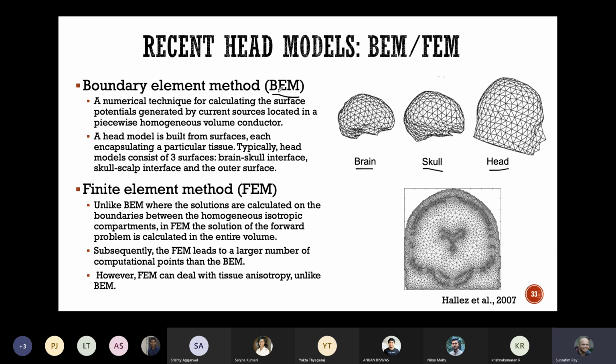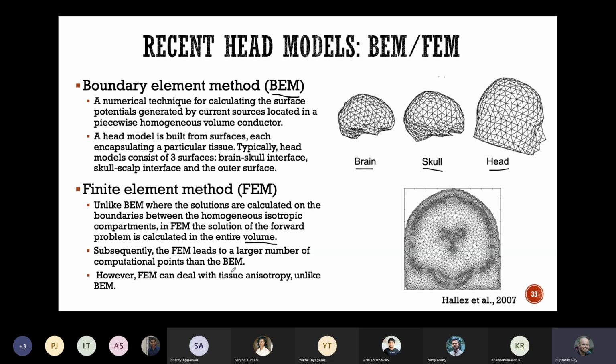There's another, more complicated method called the finite element method, where you think of the three tissues as volumes, not as meshes or sheets.